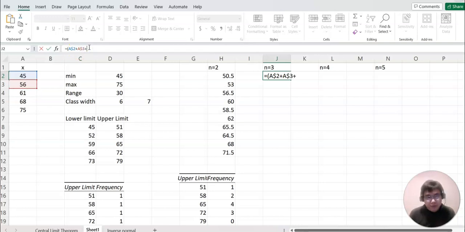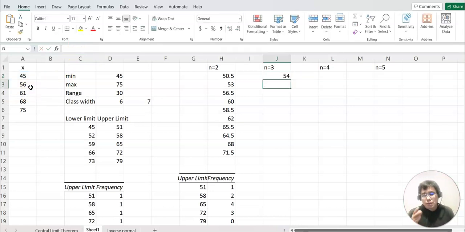And then plus the third data here and divide by 3 this time because we are doing the sampling mean. So remember, you need to select any 3 data and then divide by 3.